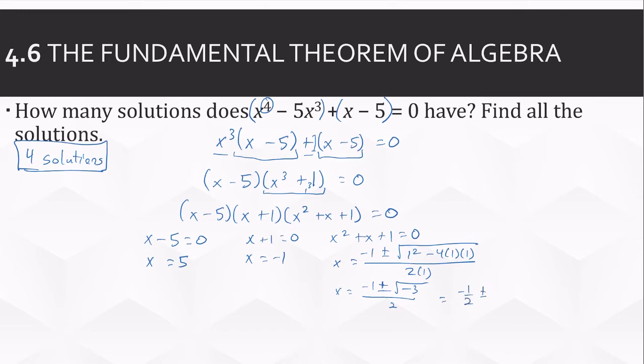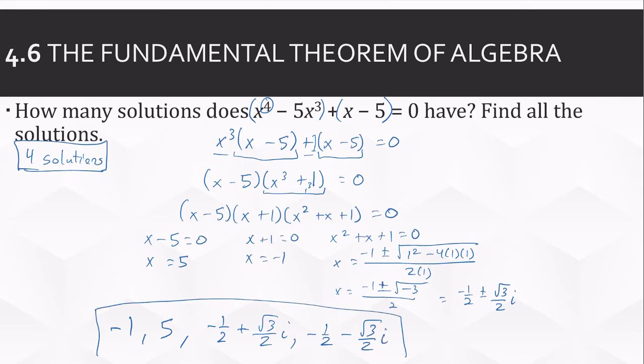The square root of a negative is i, so it'll be the square root of 3 over 2 i. So our answers are negative 1, 5, negative 1/2 plus the square root of 3 over 2 i, and negative 1/2 minus the square root of 3 over 2 i. And look at that, we have 4 solutions.